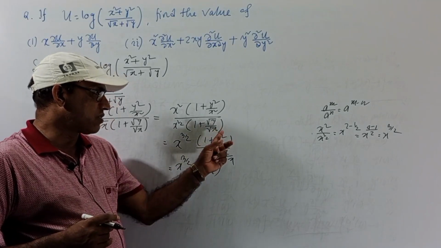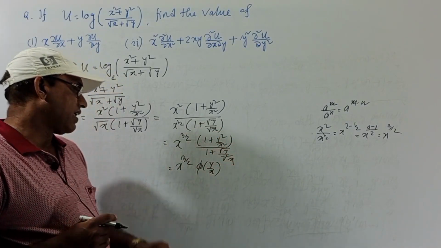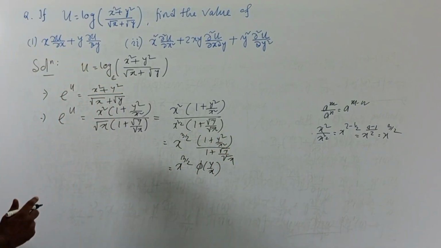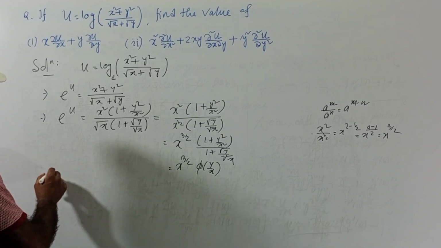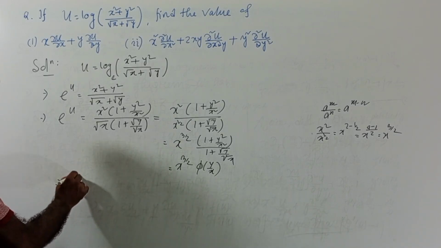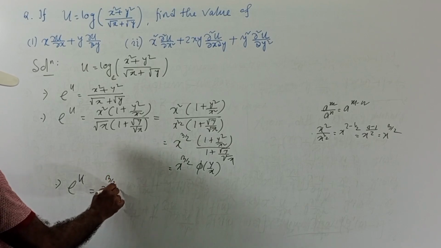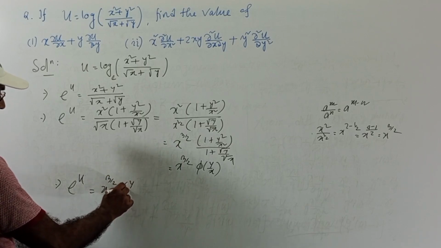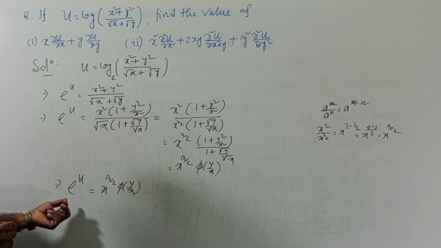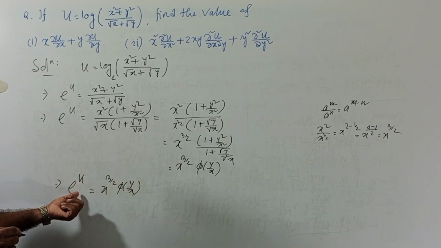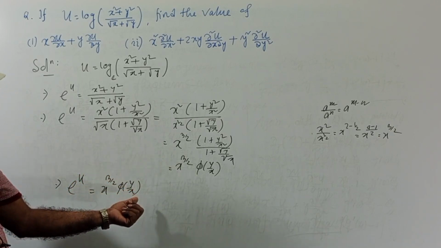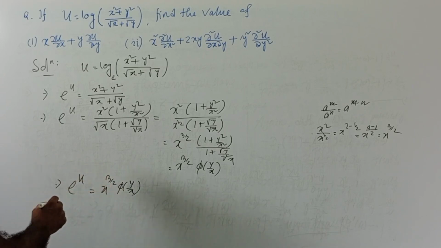This can be written in this y by x form. So finally we get e to the power u equal to x to the power 3 by 2 phi of y by x. Therefore e to the power u is a homogeneous function of degree 3 by 2.